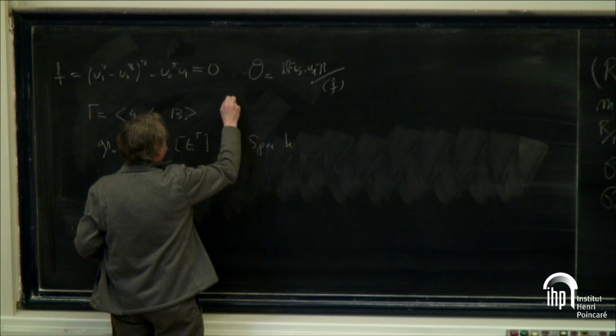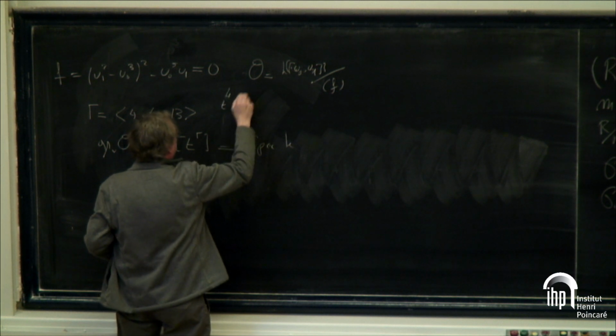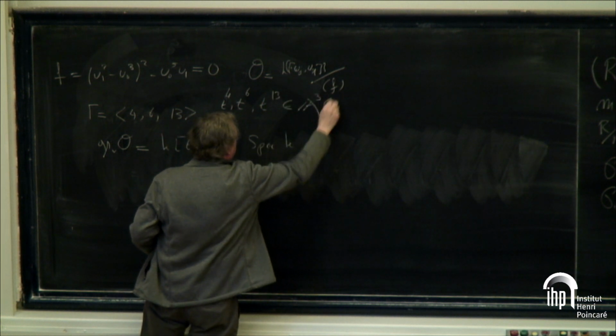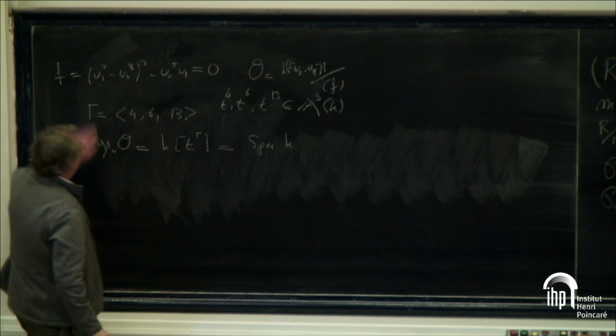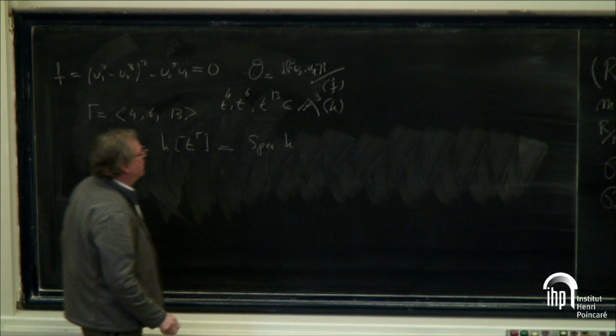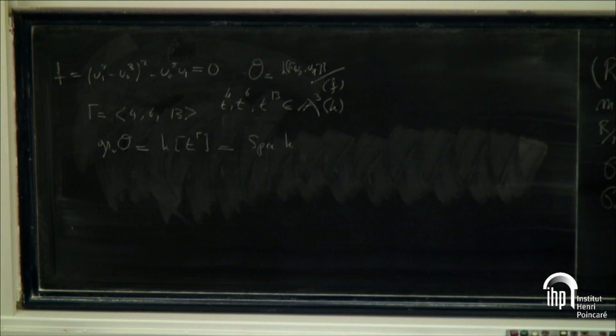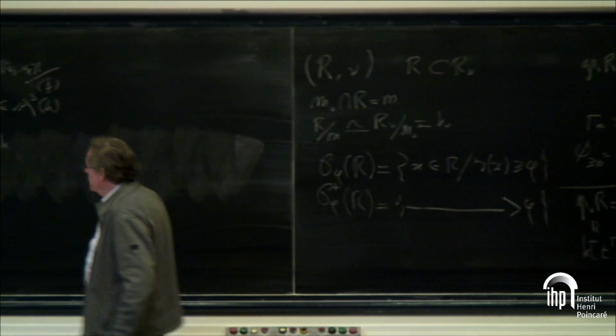It's the curve t to the 4, t to the 6, and t to the 13, which lives in three-dimensional affine space. You notice that my curve lives in 2 dimensions and the graded ring lives in 3 dimensions. More generally, my ring can live in 2 dimensions and the graded ring in infinite dimensions. Like the example I showed you above, the valuation is on a ring of dimension 2 and the graded ring, which is the semigroup algebra of the semigroup gamma, is in infinite dimension.